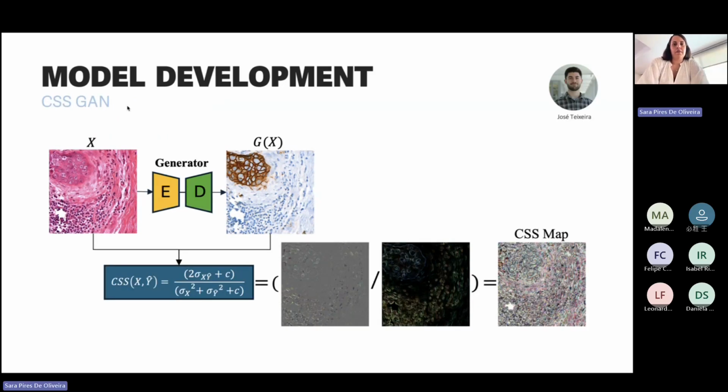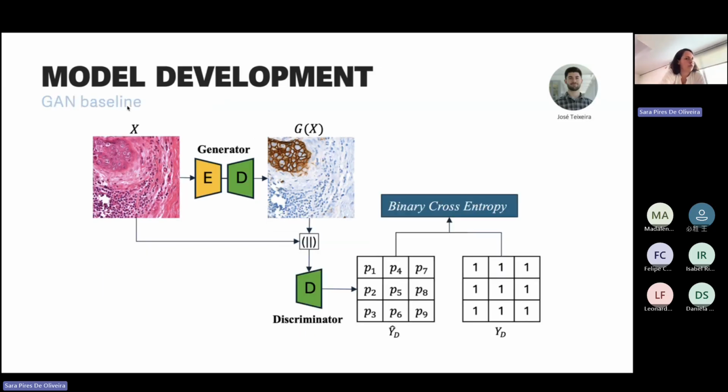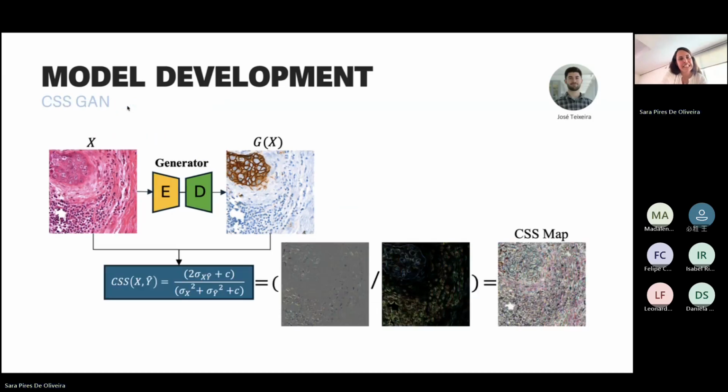On top of these, we just used the binary cross entropy, so very simple here. And then on top of that, we added the CSS loss. The idea here is to look at the structure of the staining, more the membrane, because this is the membrane staining.